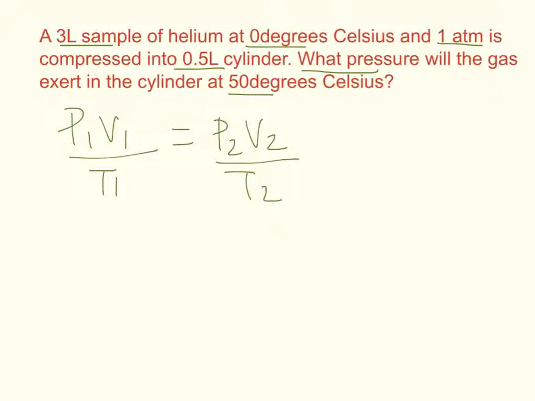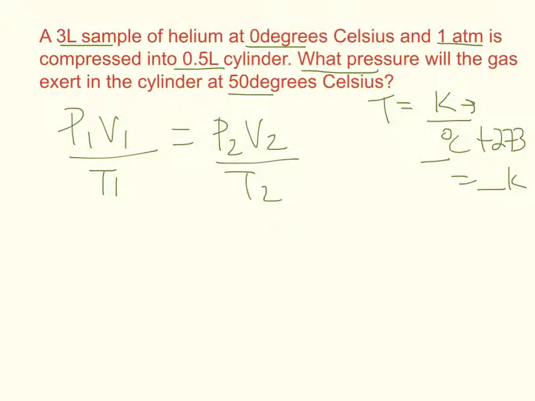Now, a few things to remember here. Temperature to us when we're working with our gas laws is always going to have to be used in kelvins. So you have to remember that when we're working in Celsius, we are always adding 273 to that Celsius to get our true Kelvin value. So that's one thing we have to concern ourselves with.